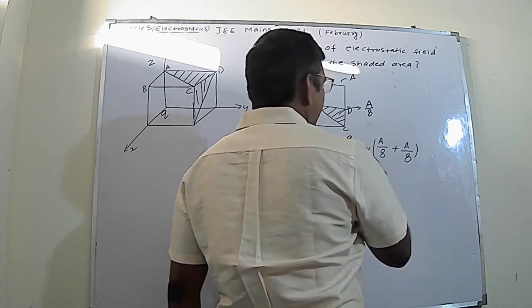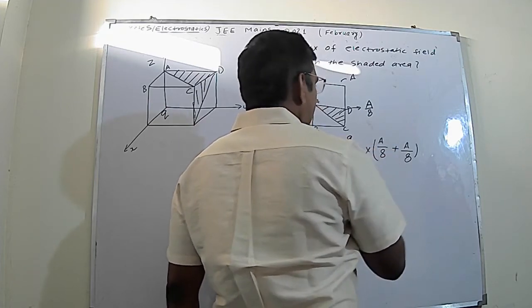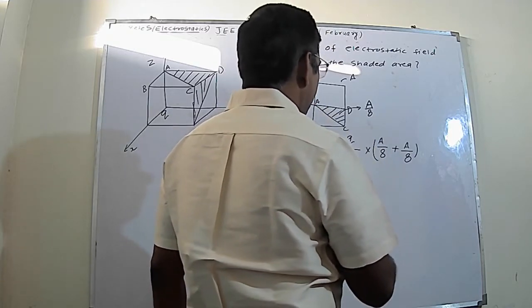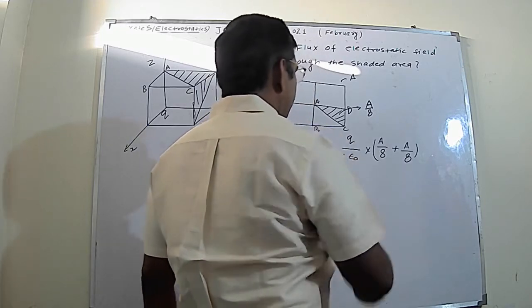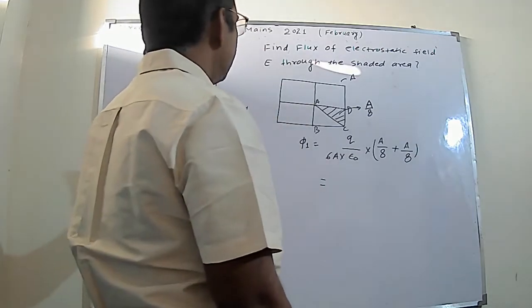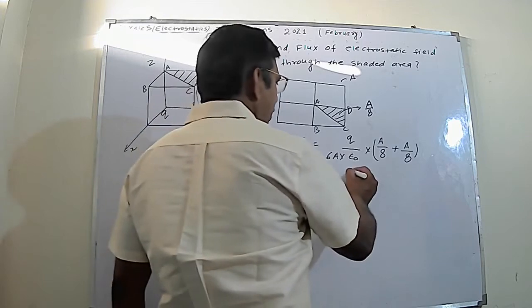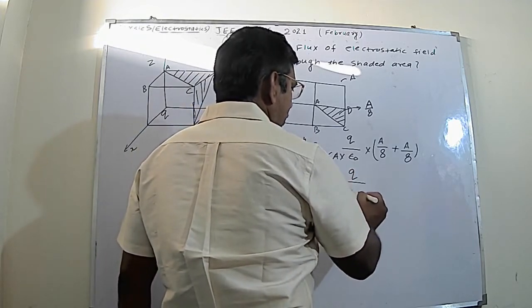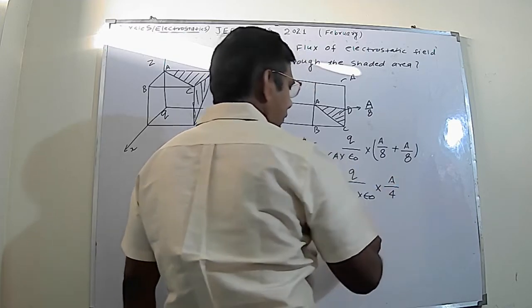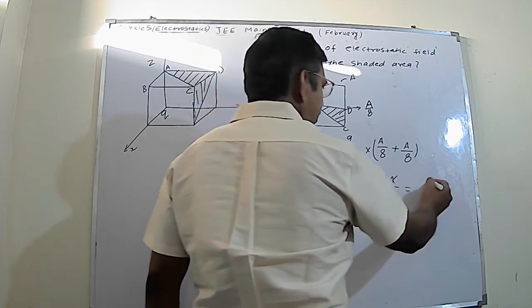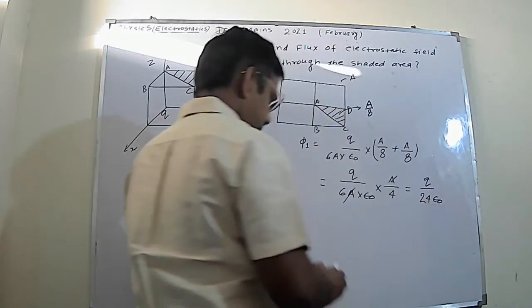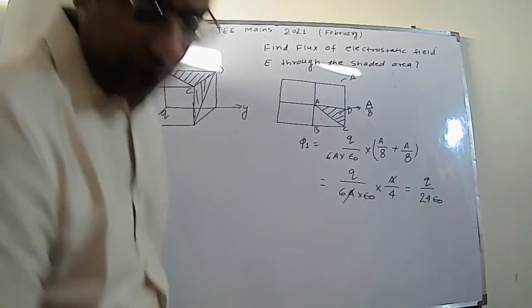Total area is 6A, because one face is A, so total we are having 6 faces. So it will be 6A into epsilon naught into A by 4. A will go, and this will be Q by 24 epsilon naught. So this will be the answer.